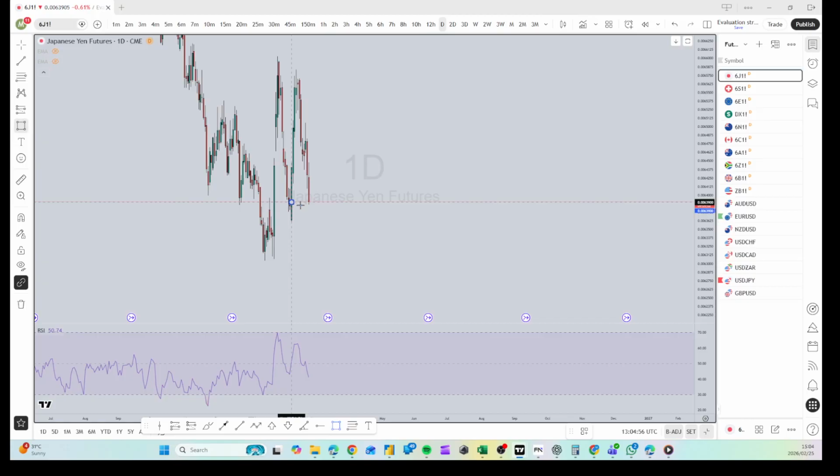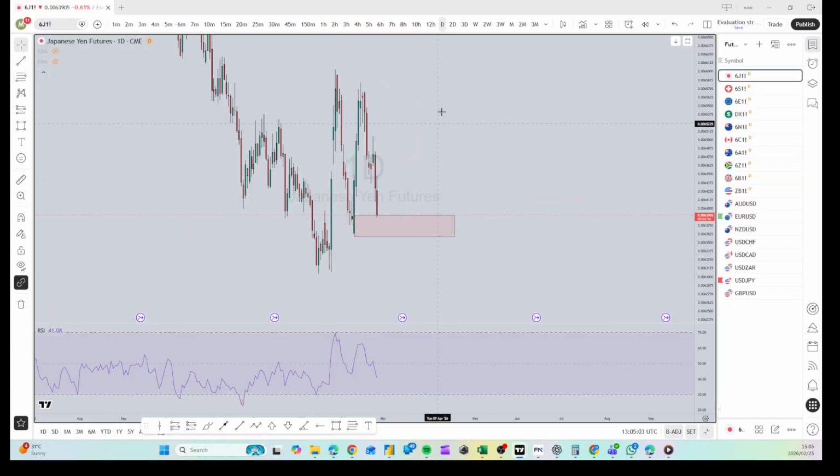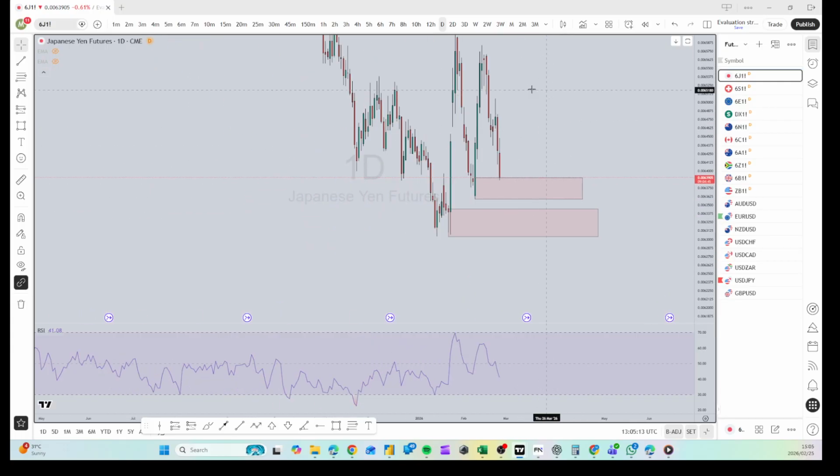We are gonna be coming back to this level right here, from which we might possibly get a move higher, or this level right here. So one of these two levels, it's gonna give us something.